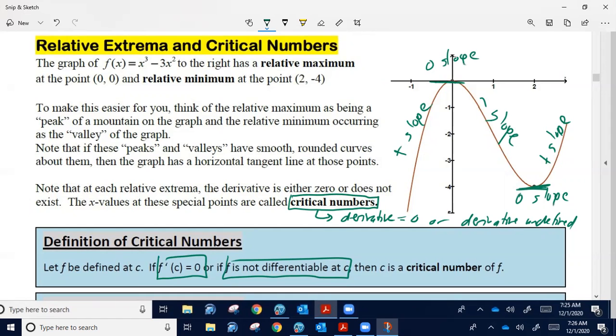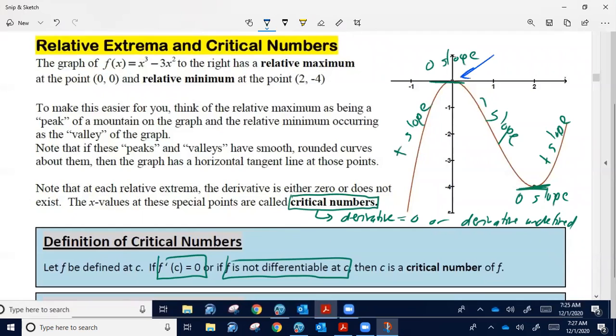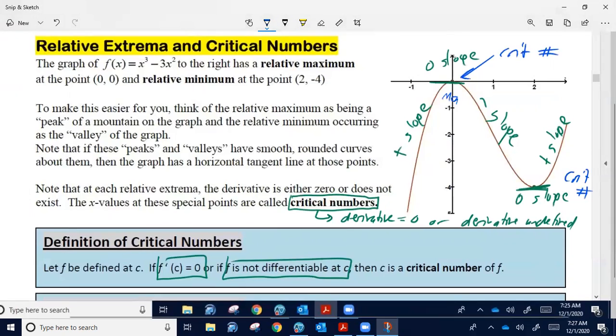So these two values, these top and bottoms, are critical numbers. And more than that, we can see this is a maximum. It's a high point. While this is a minimum, a low point.